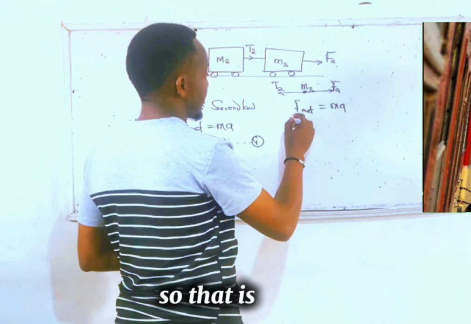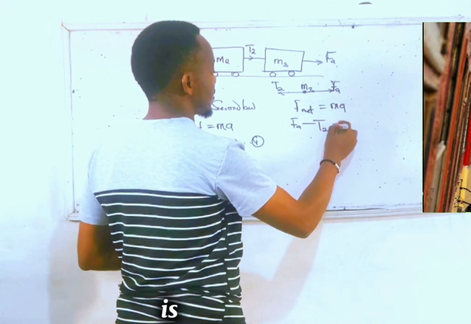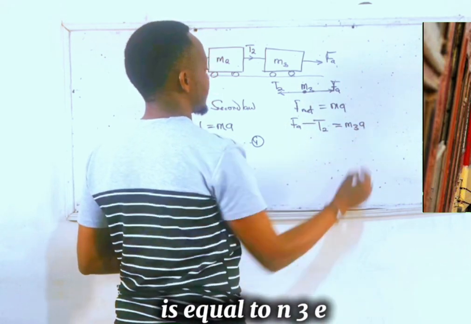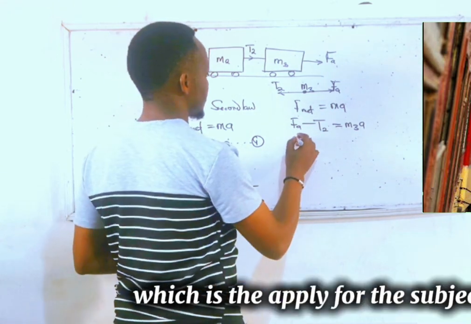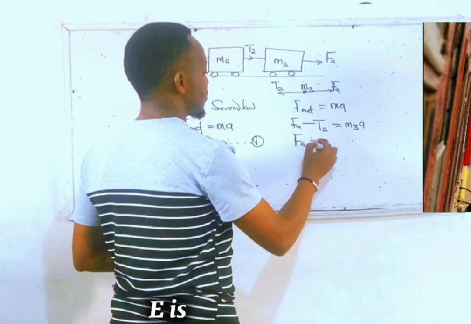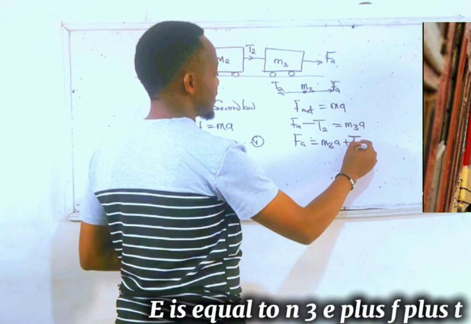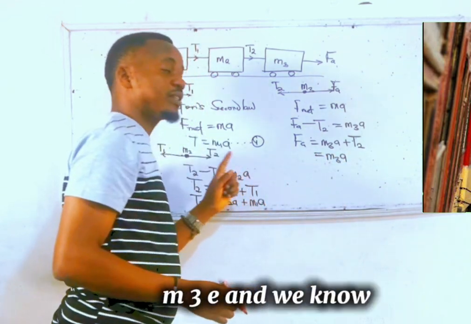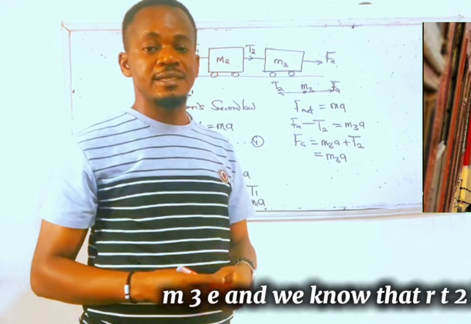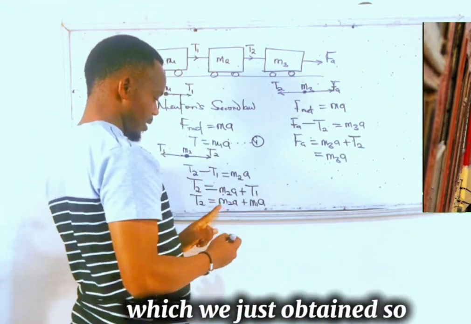So that is the applied force FA minus tension T2 is equal to M3A. We'll make FA, the applied force, the subject: FA is equal to M3A plus T2. And we know that our T2 is equation 2, which we just obtained.